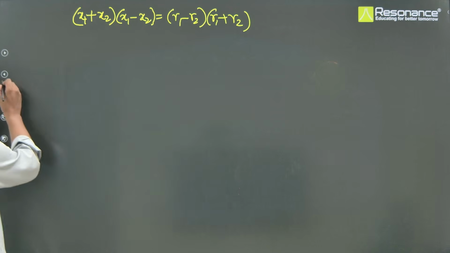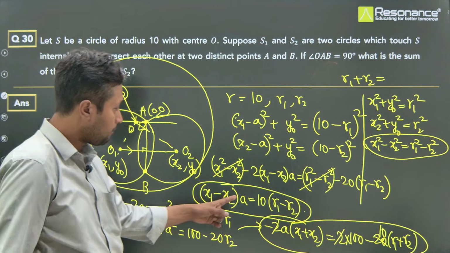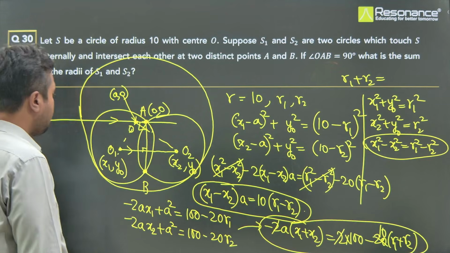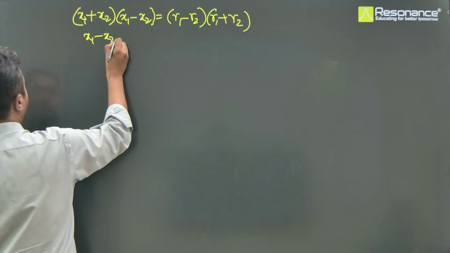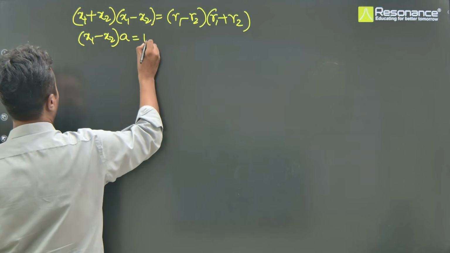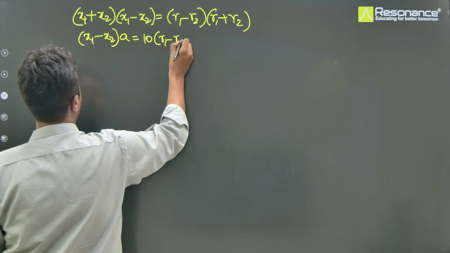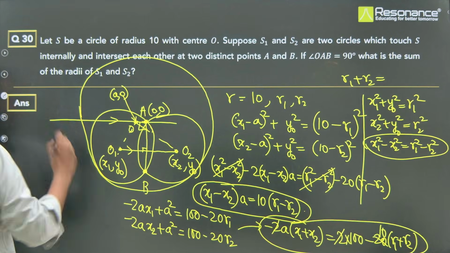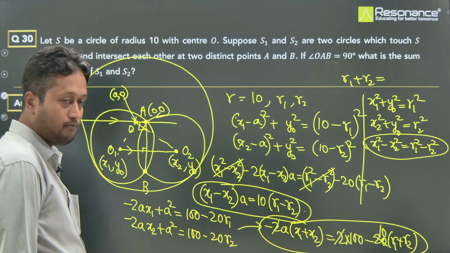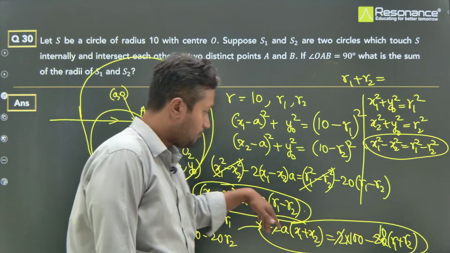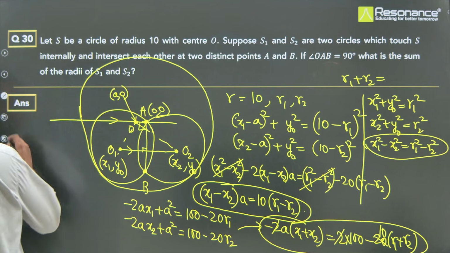Then the next equation that we have is over here. (x1 minus x2) into a is equal to 10 times (R1 minus R2). And the last equation that we have is minus of a into x, all of that, right? So you can move terms or just keep it like that.